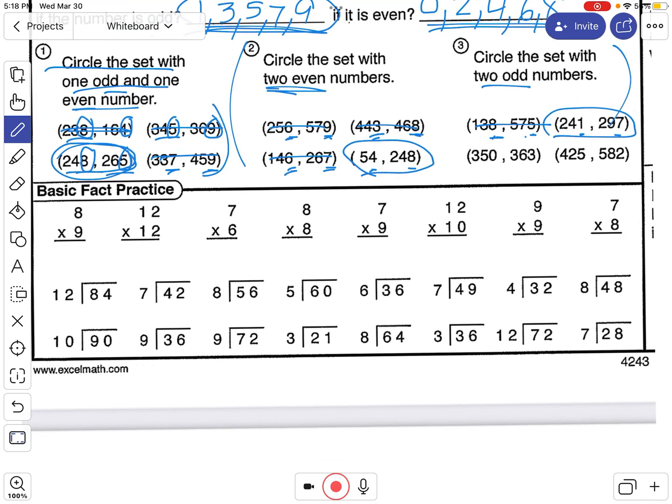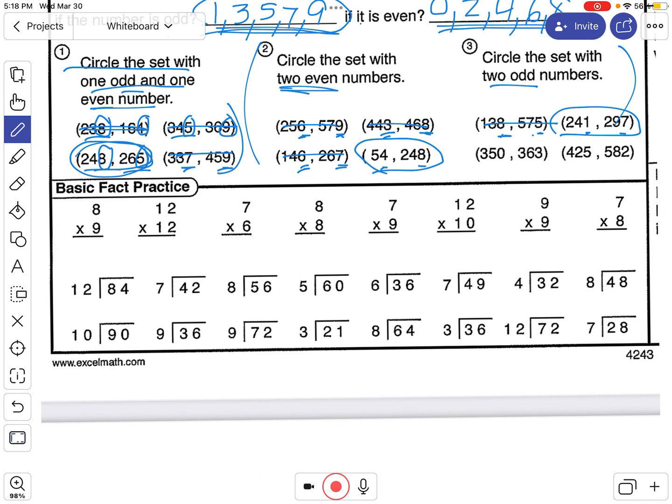All right, pause the video, do the math facts, and then turn it back on to see the answers. Here we go. 72, 144, 42, 64, 63, and 120.